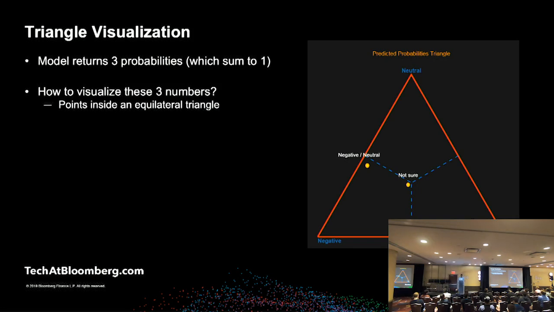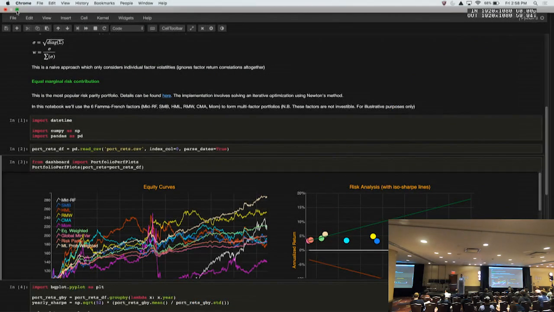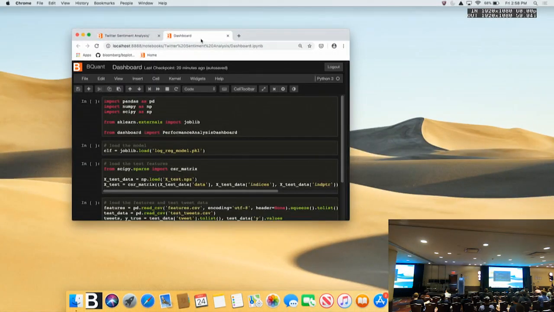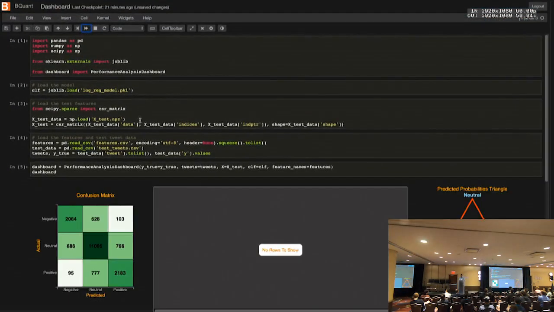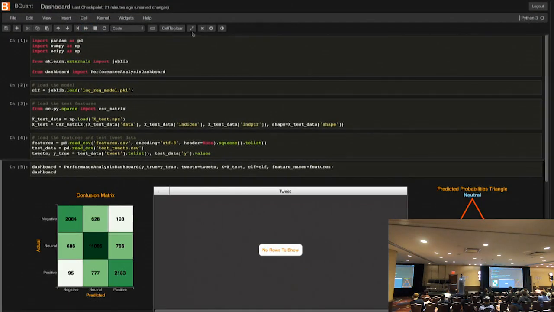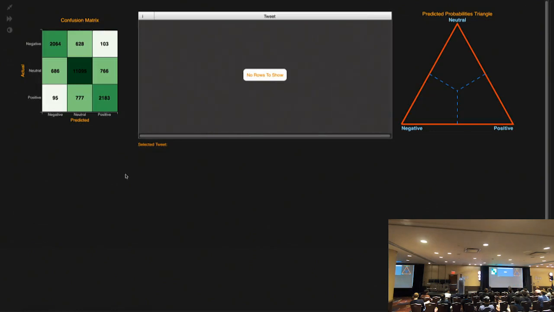So let me show you a nice dashboard. Here we have a dashboard.